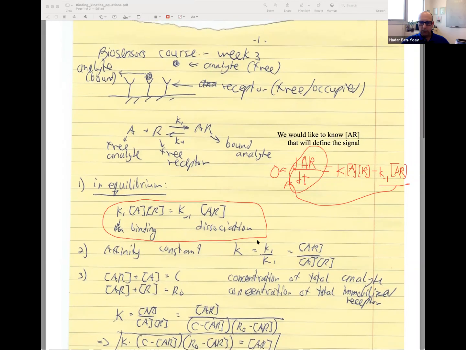And now we look at the affinity constant. The affinity constant, again, we said K is the ratio between the association and dissociation. And therefore, K1 over K minus 1 equals AR over A times R.